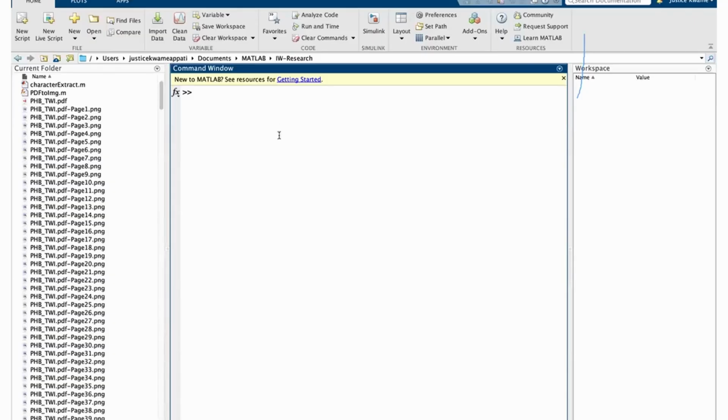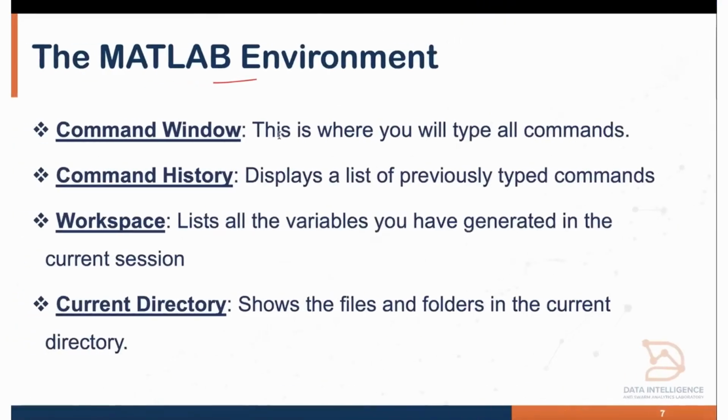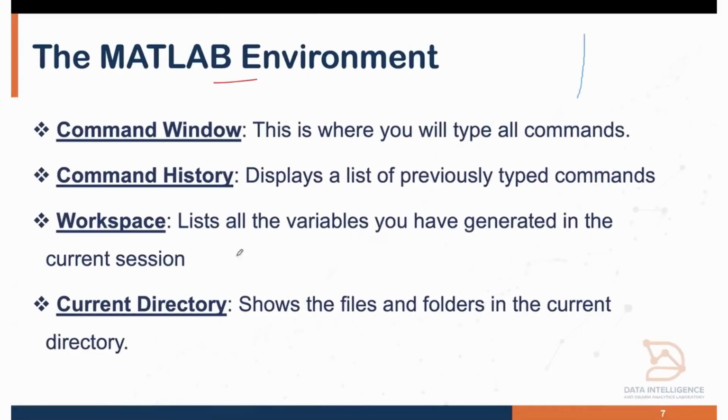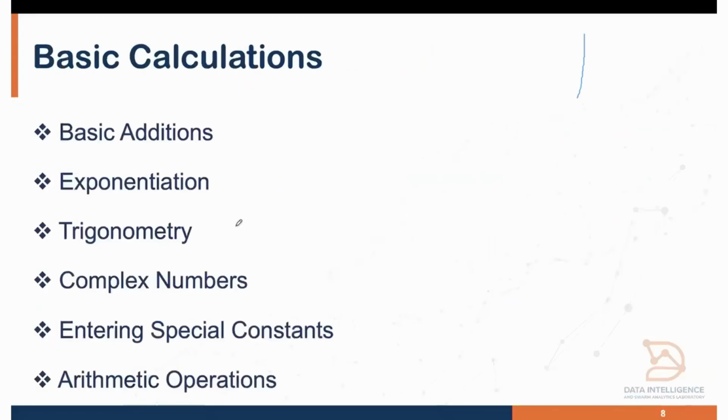So let's kickstart to see what is next. So now we know all this and where to find them in the live application. Okay, so you proceed to look at some basic calculations. And that's what we shall be looking at.